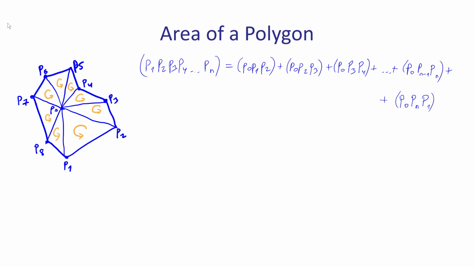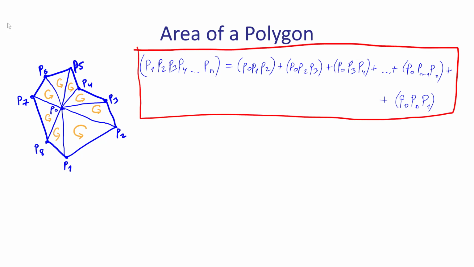It will work every time for every number of vertices you want. So this formula is true for any polygon, and it will give you the right area for any given polygon with any given coordinates.